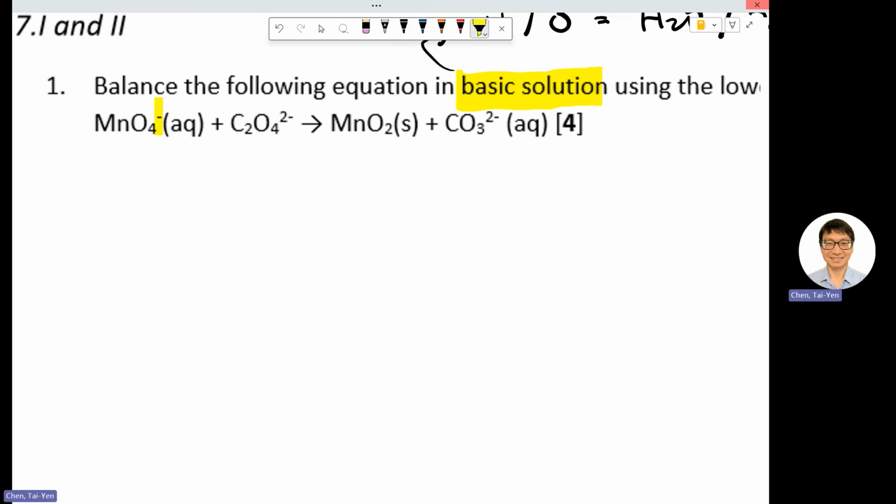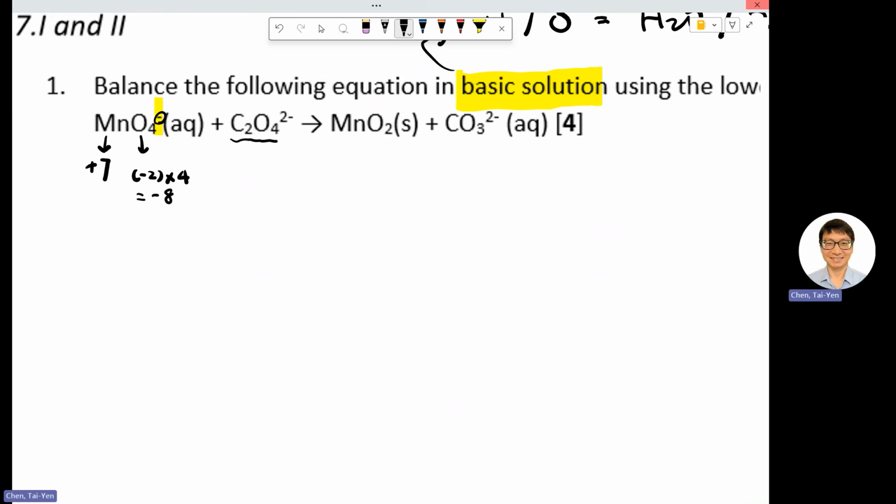The net charge of this species is -1, and oxygen typically is -2. We have 4 of them, so this gives -8. Since the total charge is -1, the manganese here is +7, because +7 minus 8 gives -1.